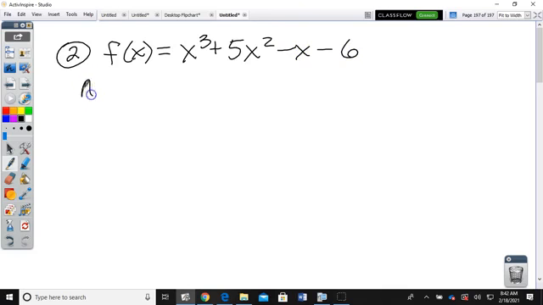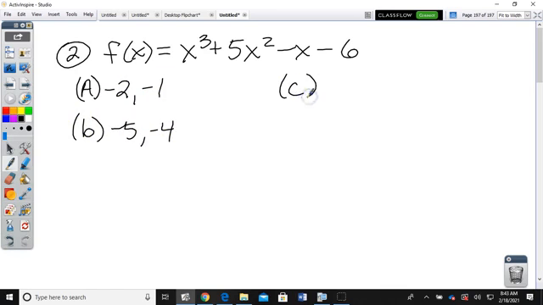So for part A, it's negative 2, negative 1. B is negative 5, negative 4. C, 1, 2. And D, 2, 3.